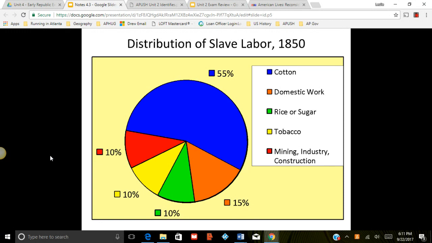If you look at the types of work that slaves did, 55% of slaves were dedicated to cotton cultivation, about 15% to domestic work, and only about 10% for tobacco, which had been the primary cash crop of areas like Virginia and North Carolina, particularly during the colonial period. And then we do see slave labor used in mining, industry, and construction as well.